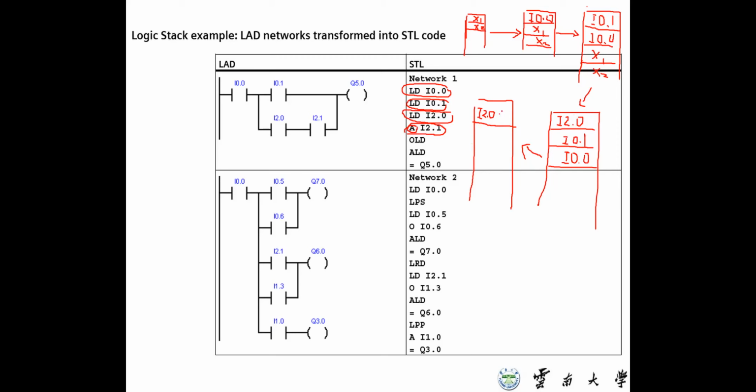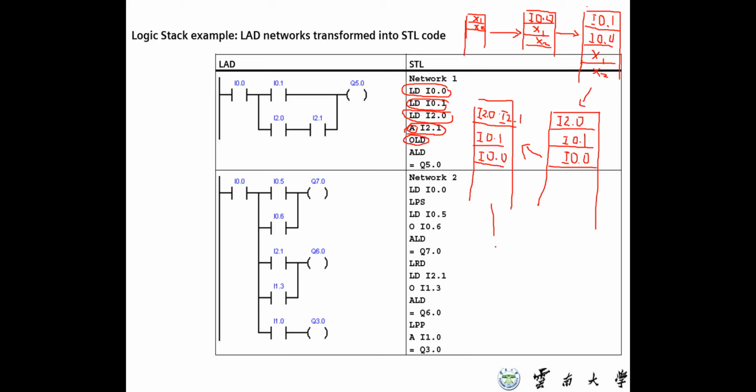So AND I2.1, and this is what? I0.1. And this is I0.0.